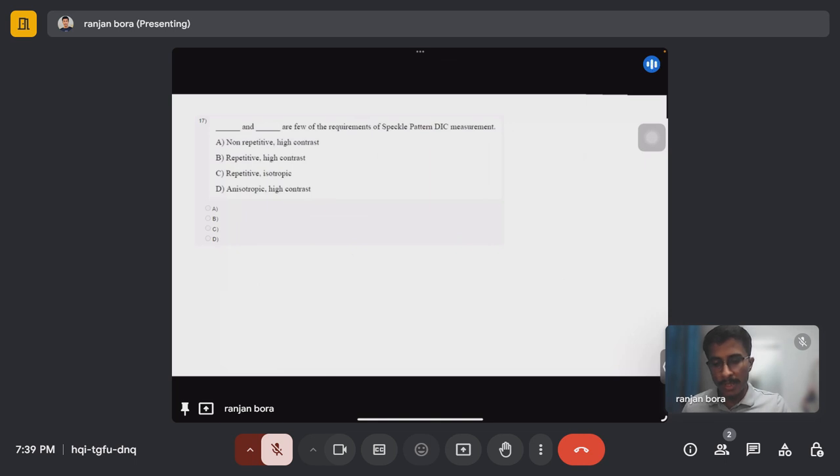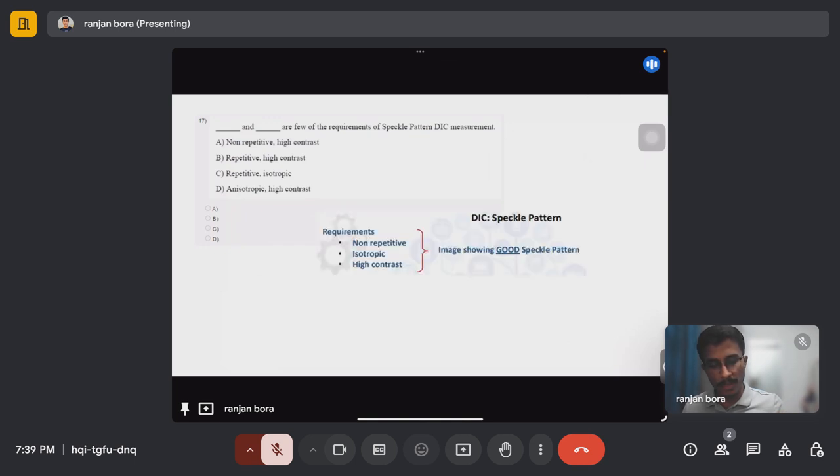Next question, blank and blank are a few of the requirements of speckle pattern DIC measurement. So we have a few requirements for the speckle pattern DIC measurement.